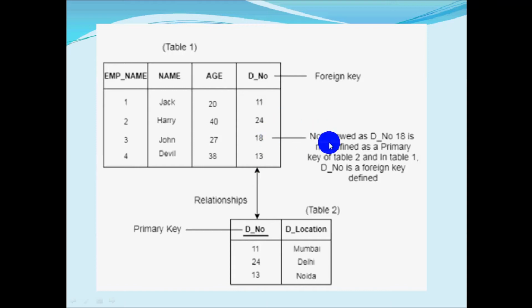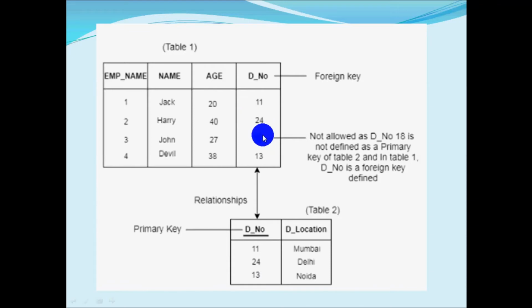So here, as they said, this D number value 18 is not defined as a primary key of table 2, and in table 1 D number 1 is defined as a foreign key. So this is not allowed here because it does not exist in the primary key. So how could we use it?